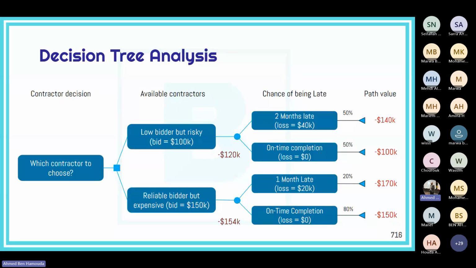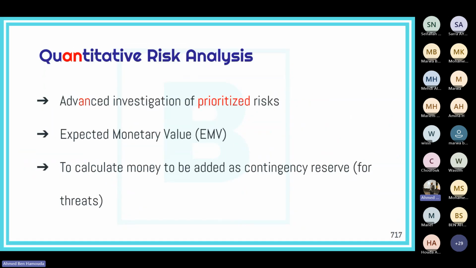Now, once we have completed the qualitative analysis and we have prioritized our risks, then those prioritized risks, usually those risks with a score higher than the threshold, will be taken to a more advanced analysis called quantitative risk analysis.